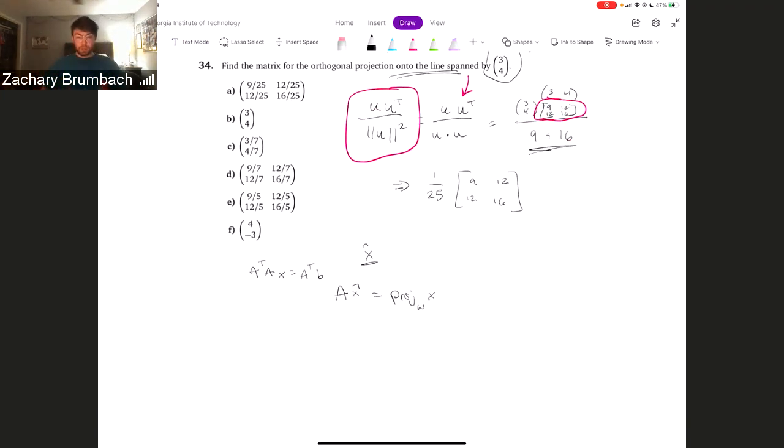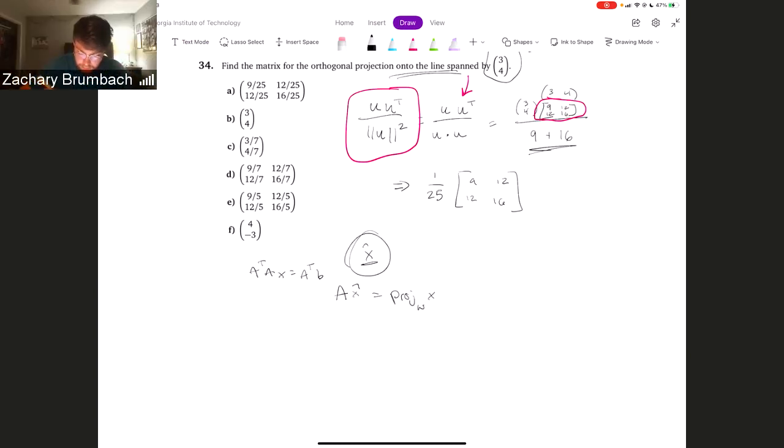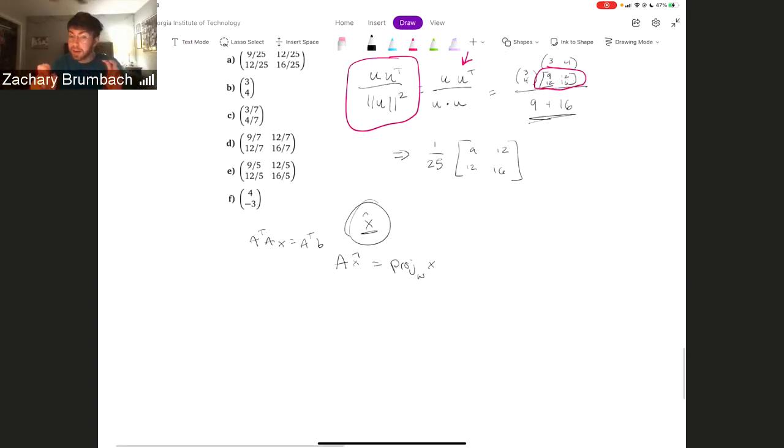So with that, what is the difference between finding the A X hat and just finding X hat? X hat is for your line of best fit kind of stuff.